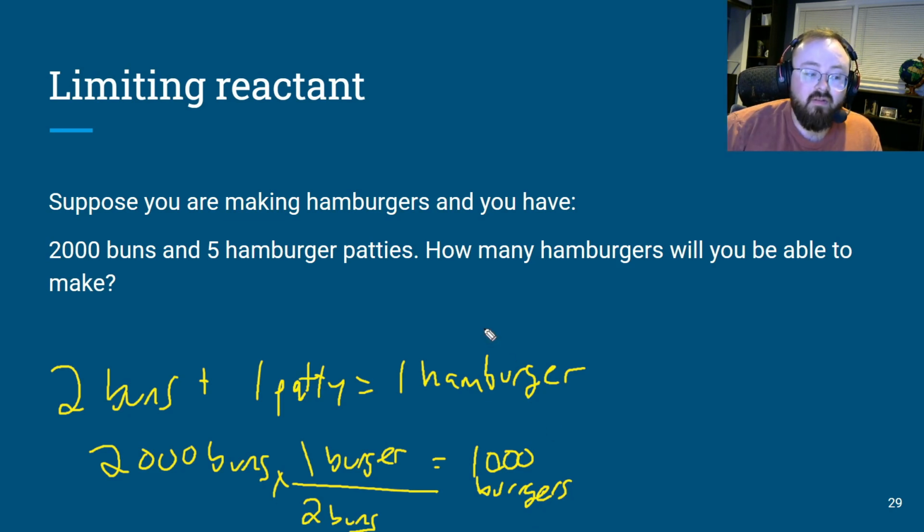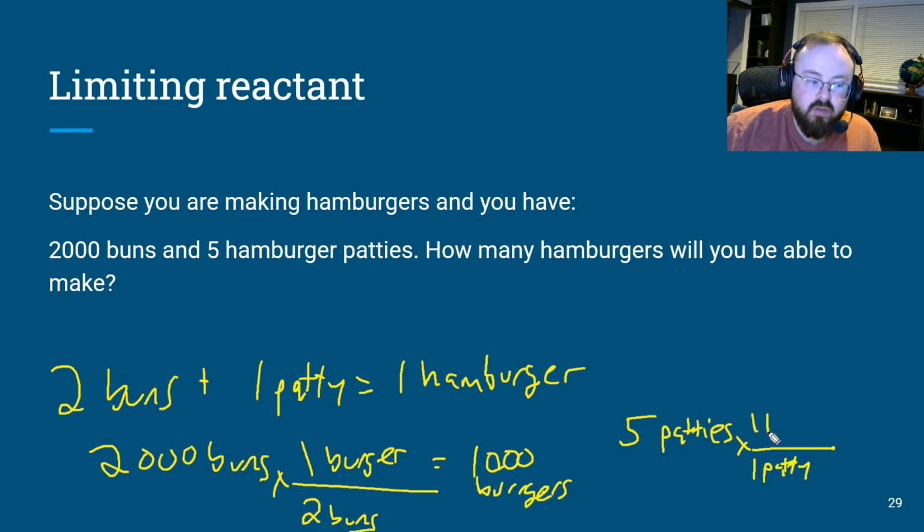I only have 5. So looking at this value here, if I have 5 patties, and every hamburger takes 1 of them, so 1 patty for 1 burger, I'm only going to get 5 hamburgers. Okay? So this idea of a limiting reactant is basically saying if I have 2 reactants, I have to make sure that I don't run out of them.